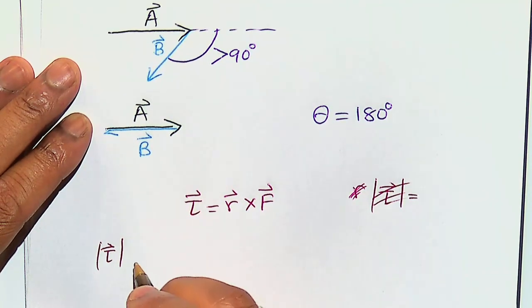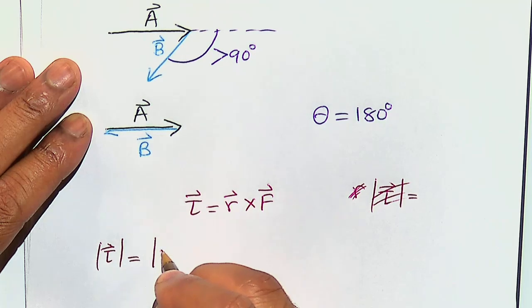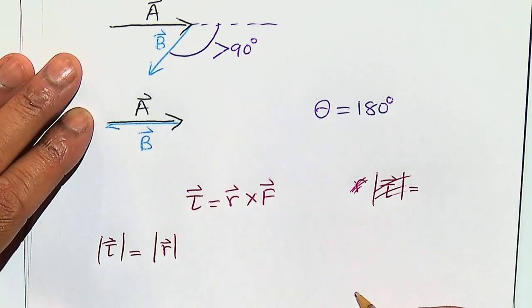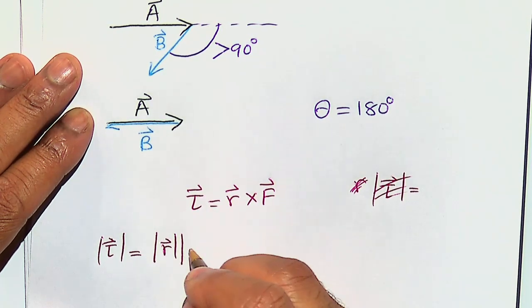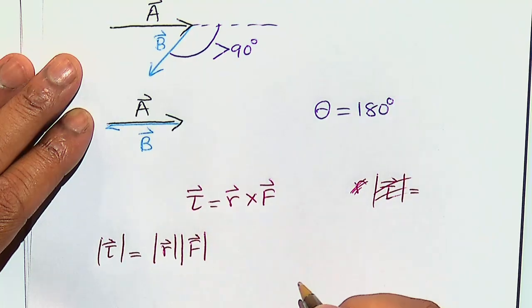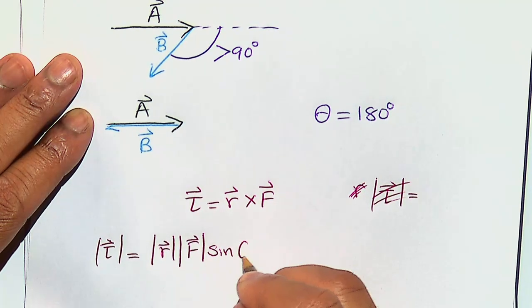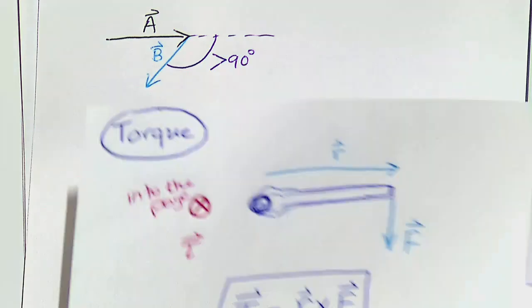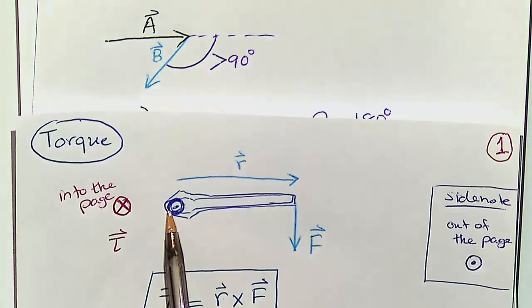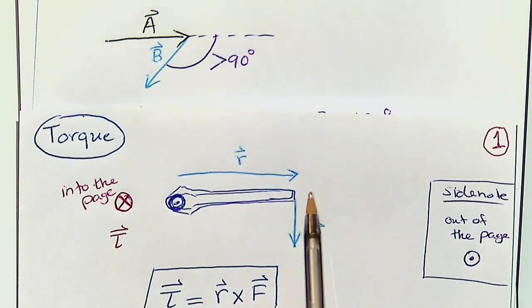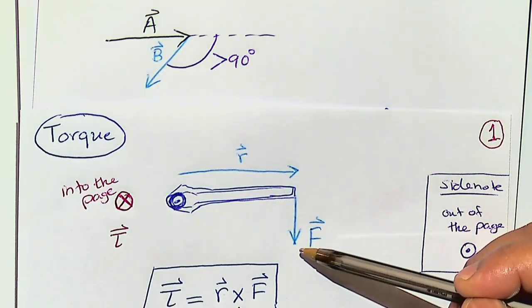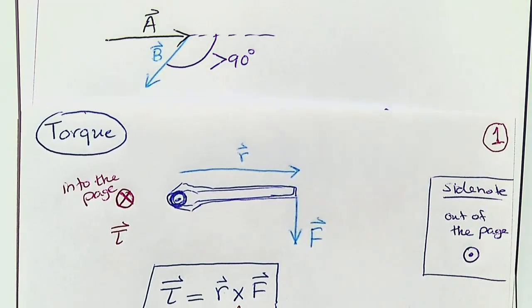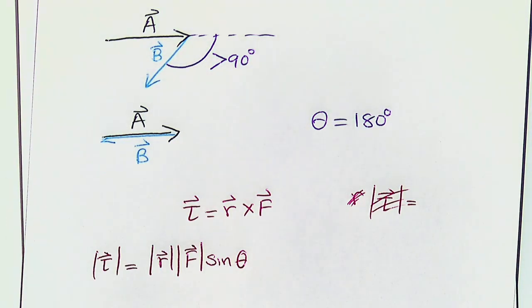The magnitude of torque is equal to the magnitude of your distance r, times the magnitude of the force, times the sine of the angle between them. So in your wrench example, if you have a wrench at home, you can see what the length of the wrench is, what the force you're applying is, and assuming you're applying it at 90 degrees, you can figure out how much torque you're applying.